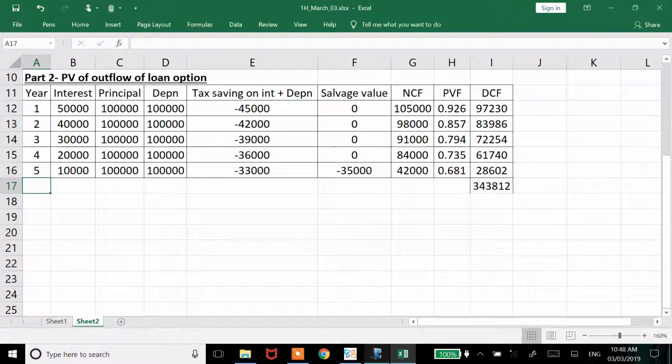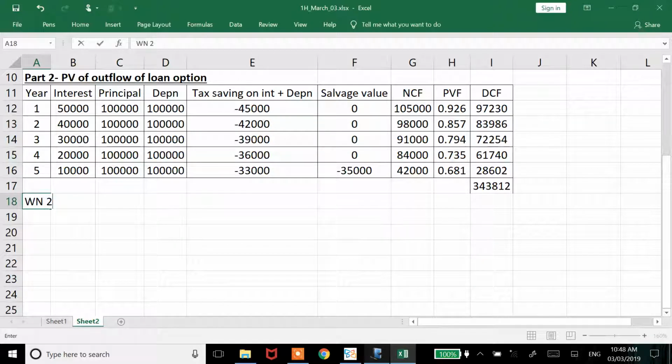Clear? If this is clear, we'll move to the lease option. If there's a doubt, let me know. Any doubts on the loan option? Can we proceed? We have done discounting at 8%, we get to 343,812. I'll explain something on the discount rate later on. As of now, this is fine. Any doubts on this?